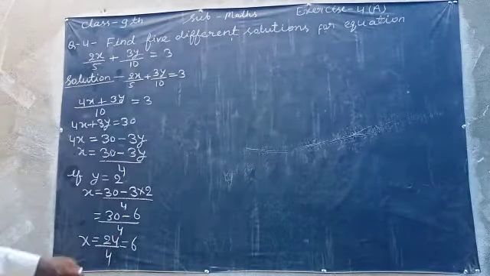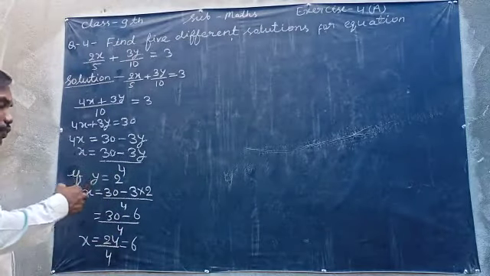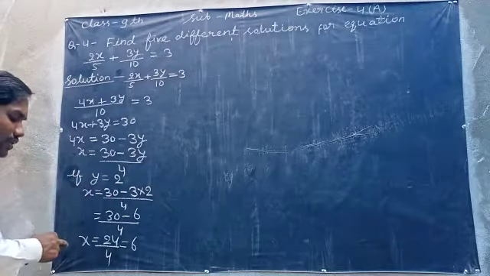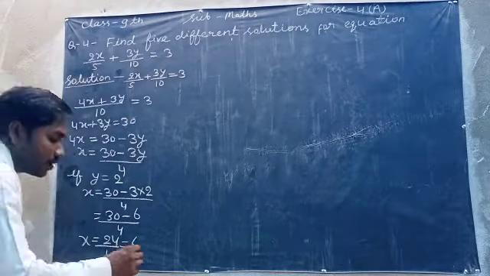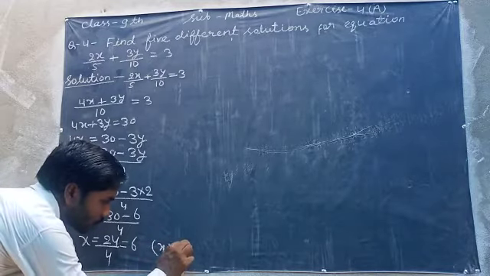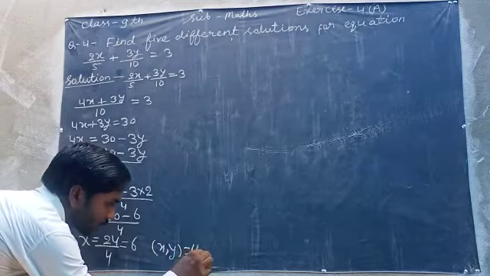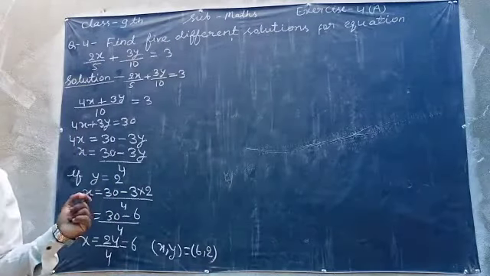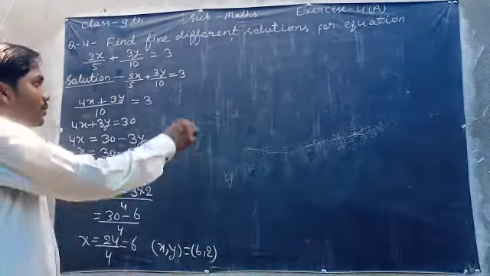So you can see that when we put y is equal to 2, we get x is equal to 6. So our solution (x, y) is, in place of x it is 6 and in place of y it is 2. So (6, 2) is one solution for this equation.